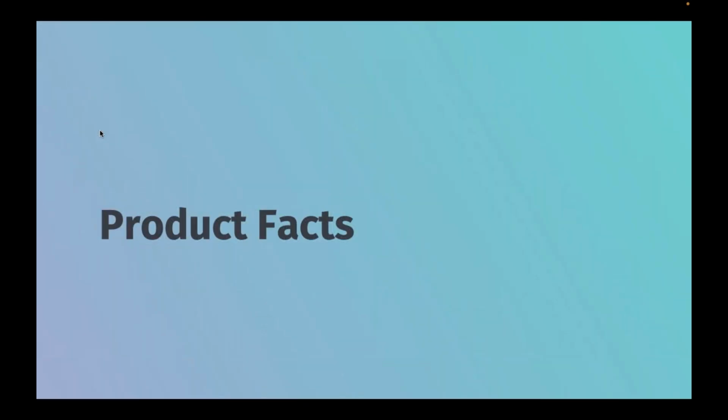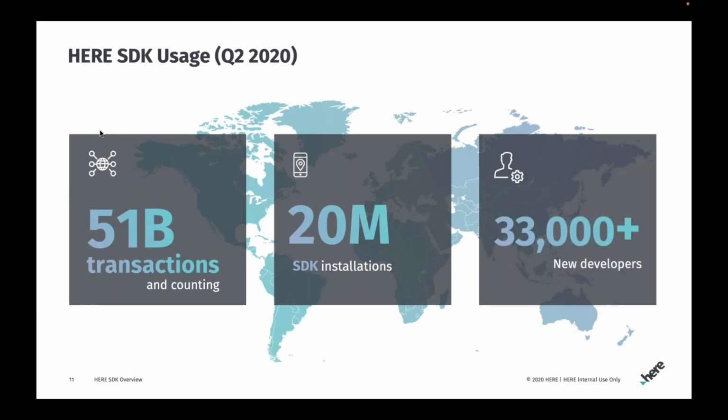Thanks, Rajesh. So regarding the product facts, what you saw earlier was at a high level about the monthly active users that we have. Here you can see the SDK usage, which we call Q2 2020, which has gone up multiple times now. This one is the latest information that we have, which is 51 billion and counting transactions.